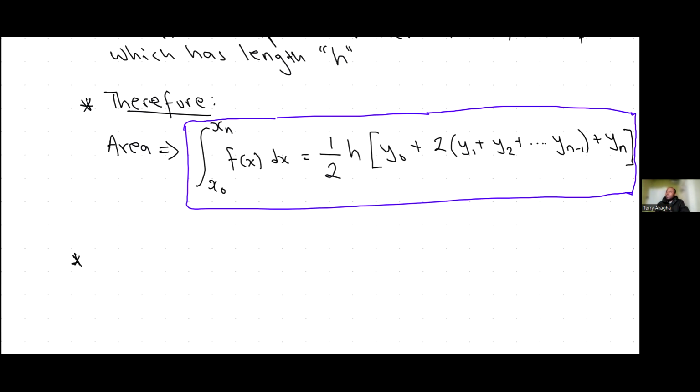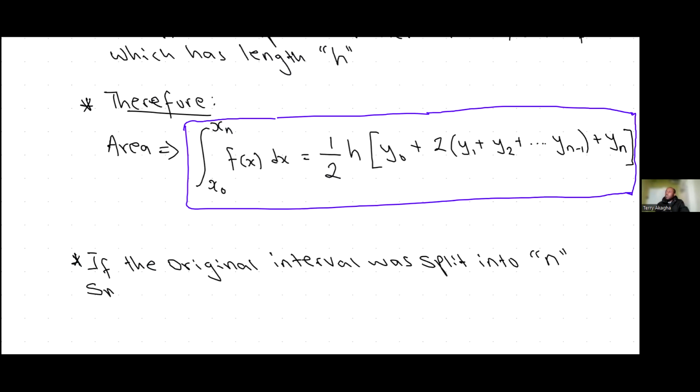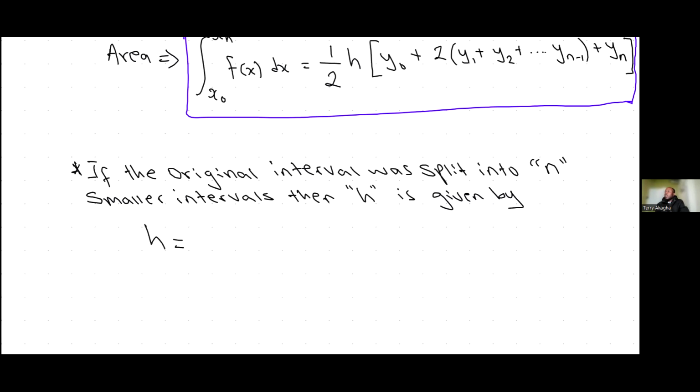So if the original interval was split into n smaller intervals, then h is given by h equals xn minus xo divided by n.